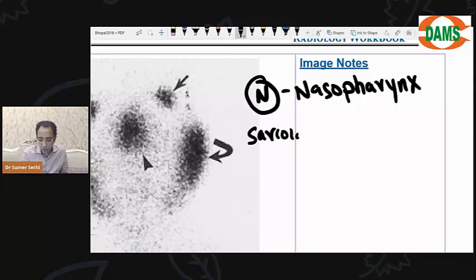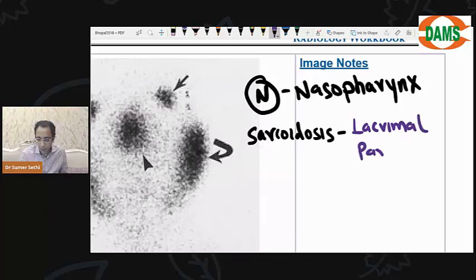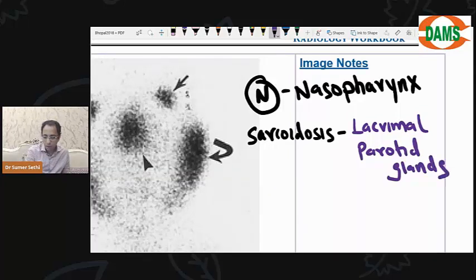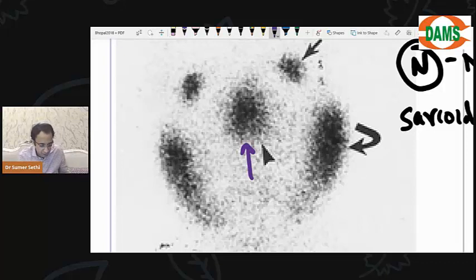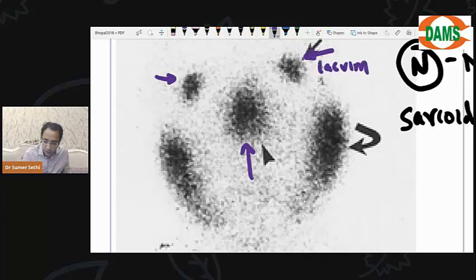In sarcoidosis, it is taken up by the glands also, like the lacrimal glands and the parotid glands. So when you look at this gallium scan, you will see physiological uptake in the center because of the nose and the nasopharynx taking it up. Plus you will see uptake bilaterally symmetrical in the lacrimal glands and bilaterally in the parotid glands.